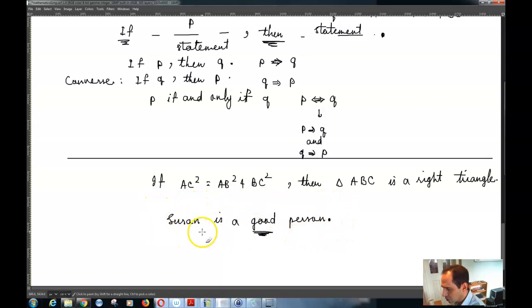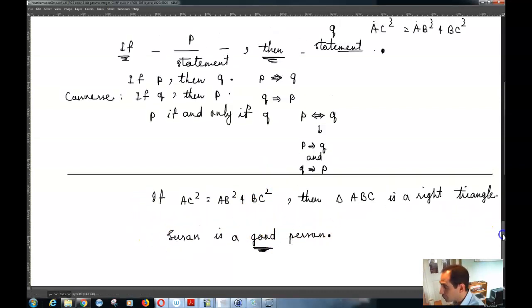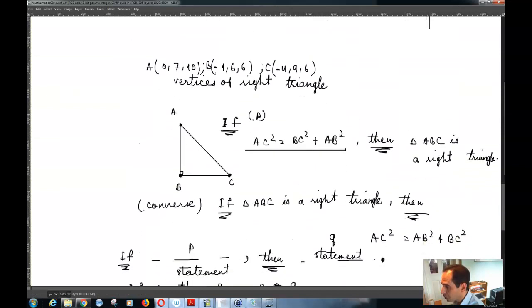It's not necessarily true that when somebody says Susan is a good person, it means that Susan is not a bad person. That doesn't really apply to mathematics. So you need to be careful about the conclusions that your mind makes in such situations. Now back to our problem.